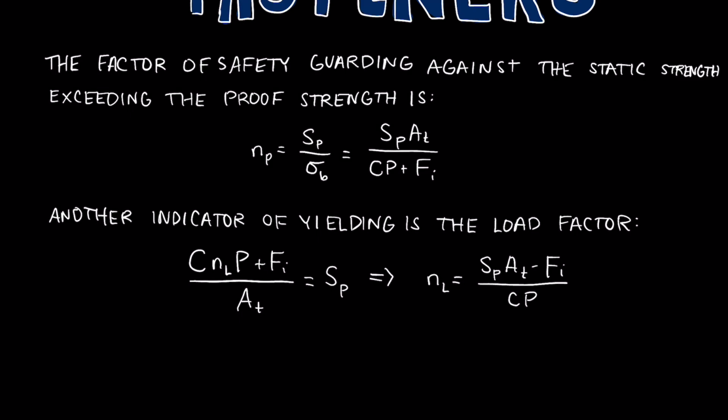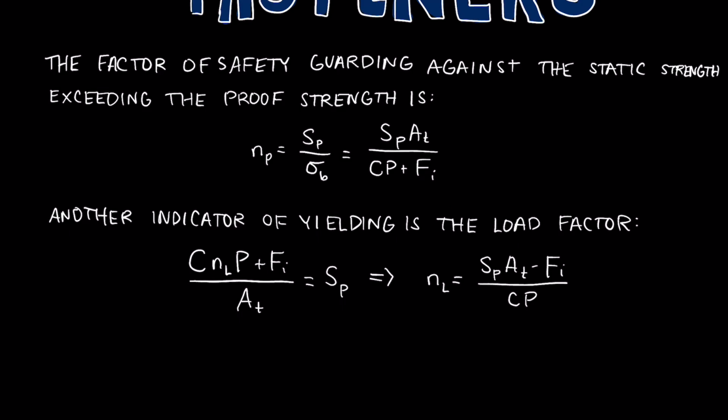So solving for the load factor, we can get this equation for that safety factor. And notice that it is very similar to the factor of safety guarding against exceeding the proof strength, with the major exception that the preload shows up in the numerator instead of the denominator.